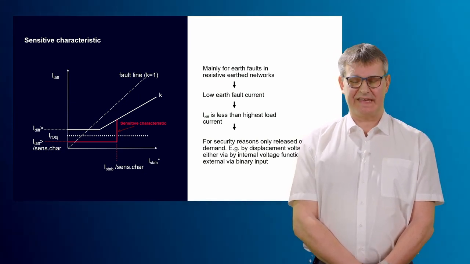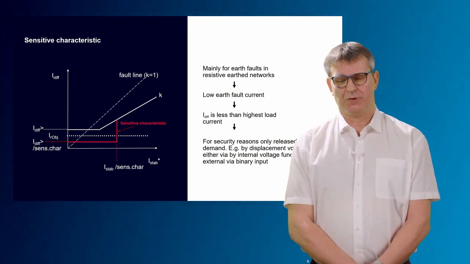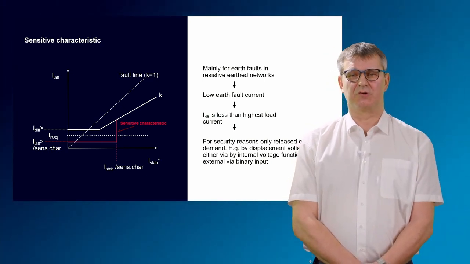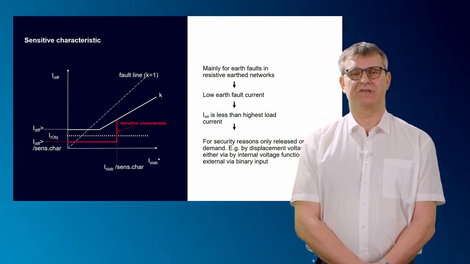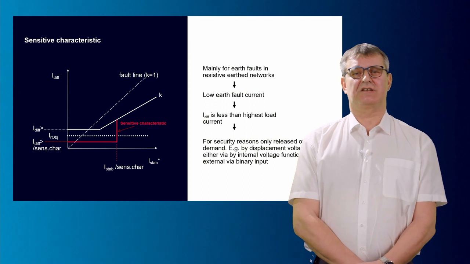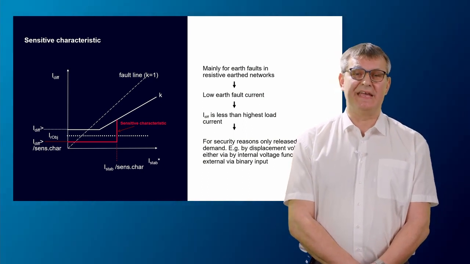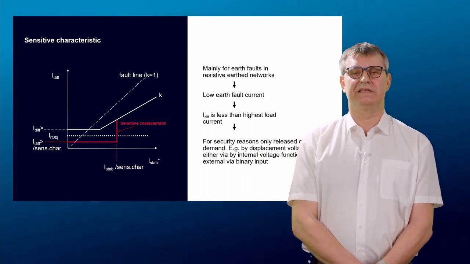And in this case, in order not to risk a wrong tripping in case of a fault, we have to use the sensitive characteristic. So the sensitive characteristic should mainly be used in resistive grounded networks.